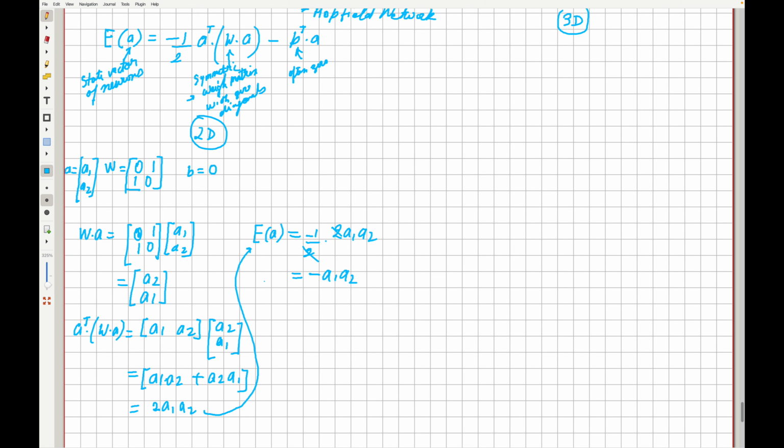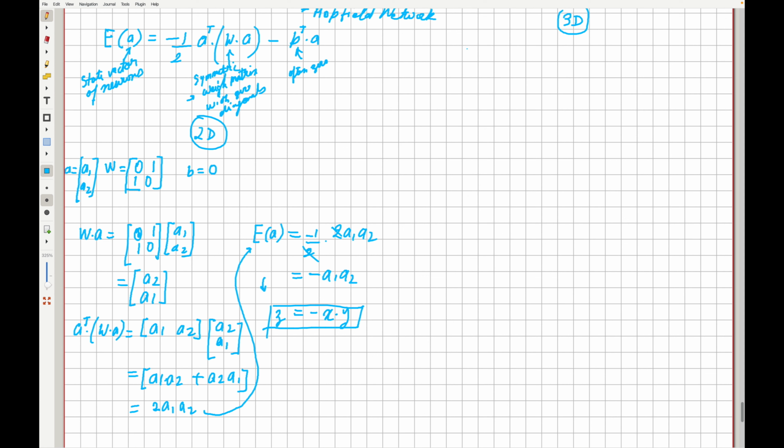Another way to think about it when plotting in Desmos is to think of the energy as shown on the z-axis, and then A1, A2 on the other axes. So in Desmos, we can plug in this equation.